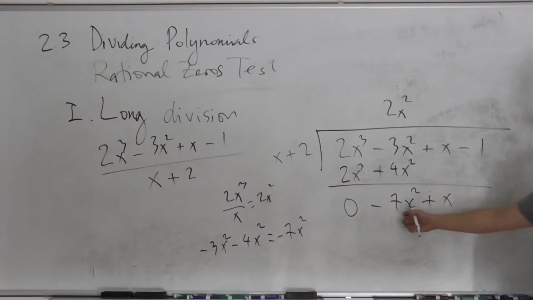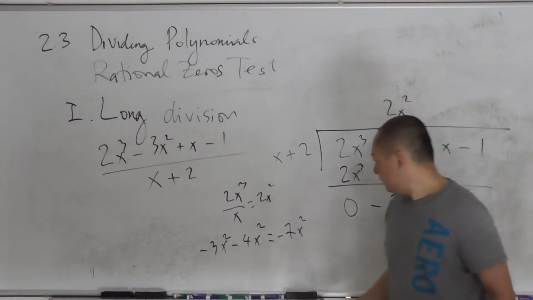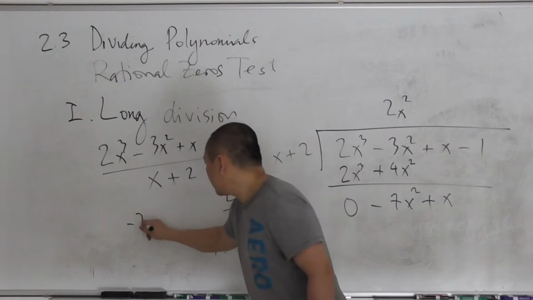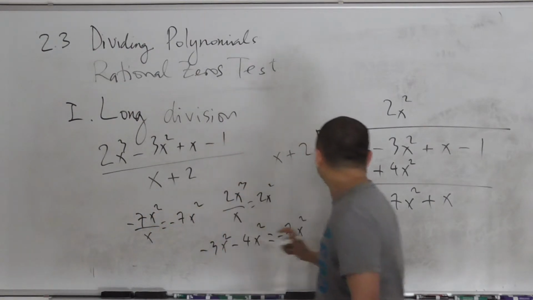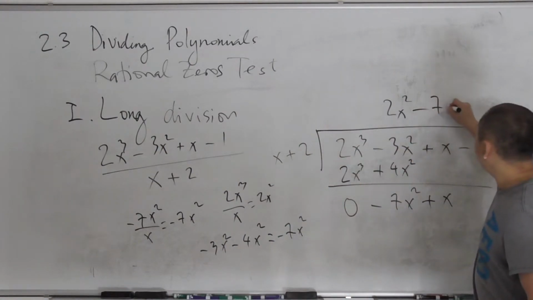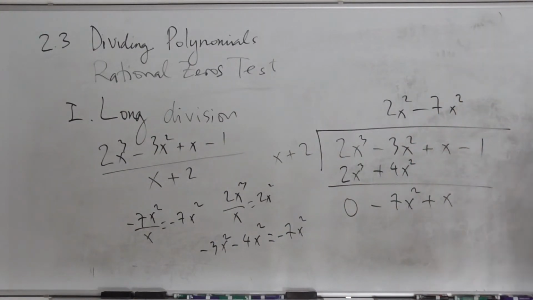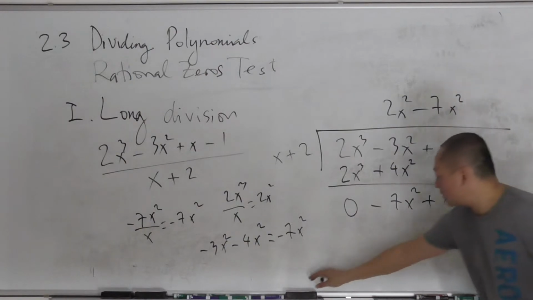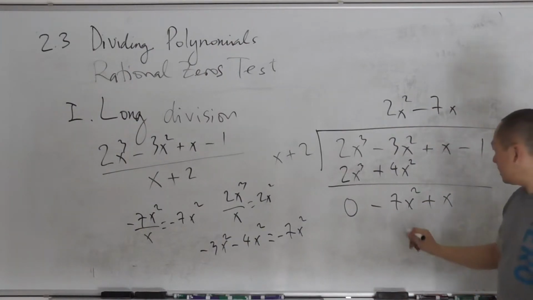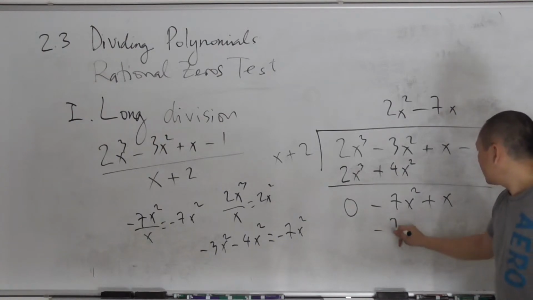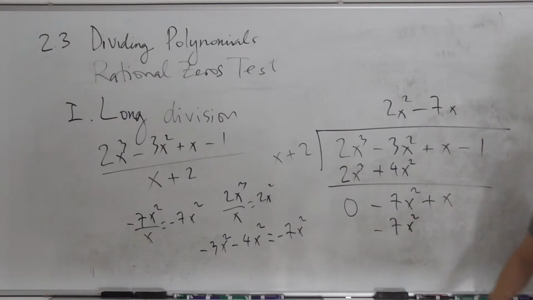I'm going to take the leading term, negative 7x squared divided by x. I get negative 7x, and I'll do the same thing: write negative 7x up here and multiply it back. Negative 7x times x is negative 7x squared. Negative 7x times 2 is negative 14x.